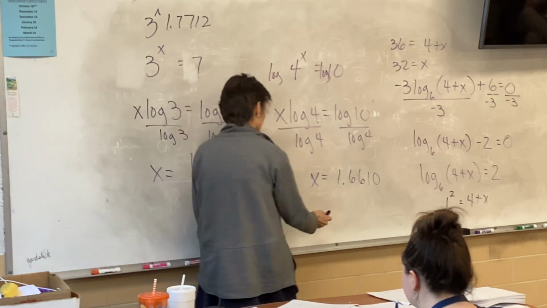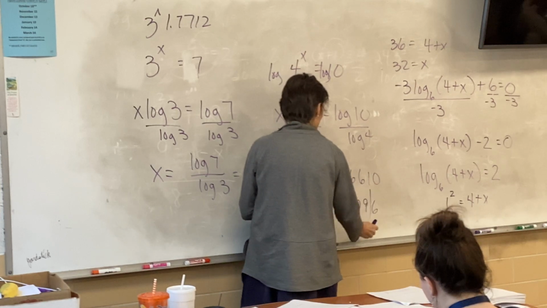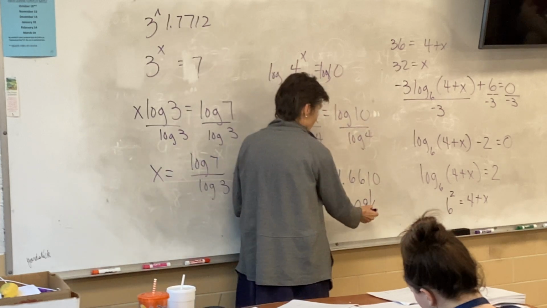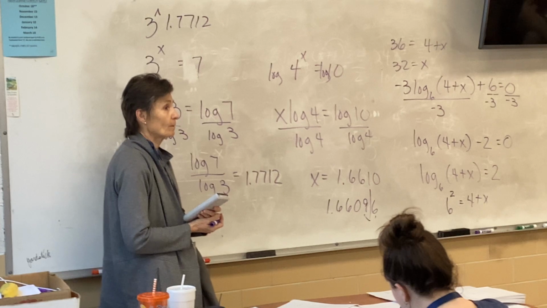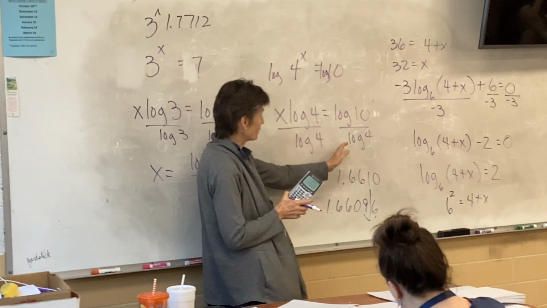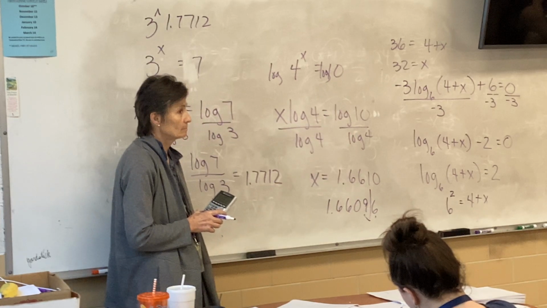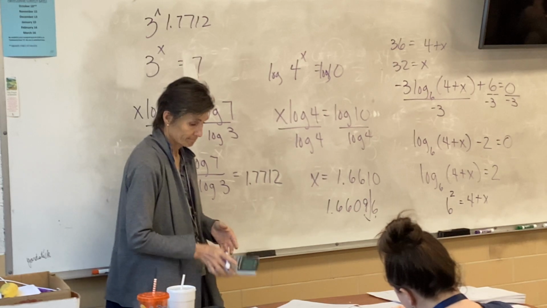I know what you got too. 1.66096. I did log 4 over log 10. Okay, that would be wrong, right? We're trying to get x by itself, so we're dividing by log 4. Arithmetic. Human error.